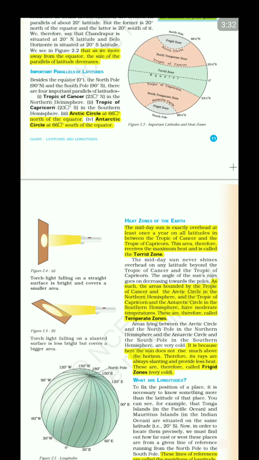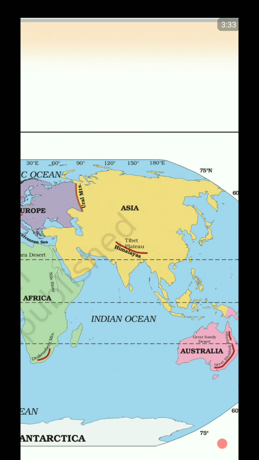So if you see India, this is the equator, this is the Tropic of Cancer, and this is the Tropic of Capricorn. From the Gujarat region, the Madhya Pradesh region, the Chhattisgarh region, the southern part of India receives direct sunlight, as opposed to the area of India just north of it, which receives slanting sunlight.